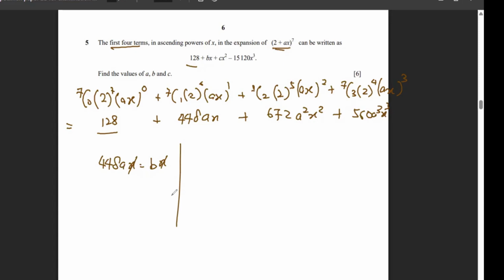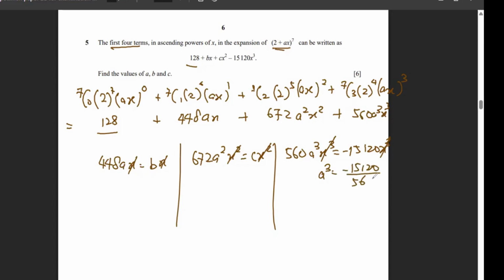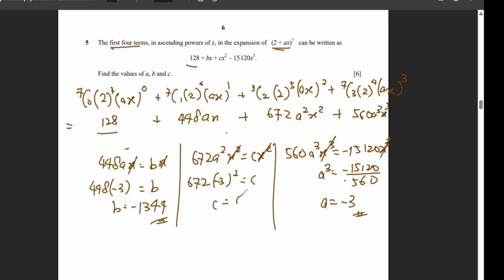We can't solve this yet because there are 2 unknowns. We can't solve this yet also because also have 2 unknowns. We can solve this first because only 1 unknown. So key in calculator, you cube root of this, you get -3. So after you know this, then we can solve this and this. We sub in here. So B is -1344. We sub in here. C is 6048. Done. 6 marks.